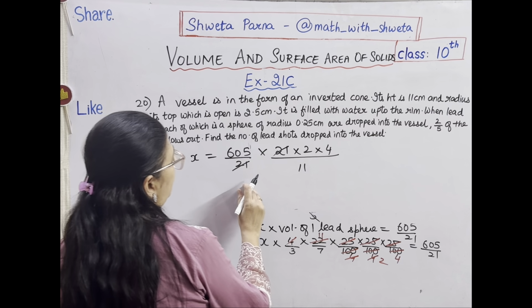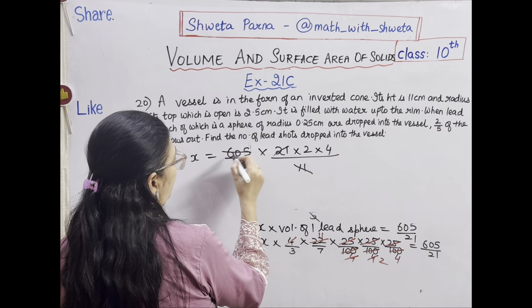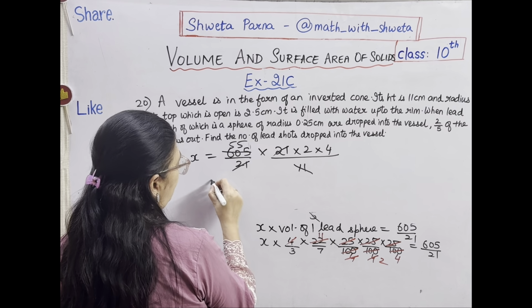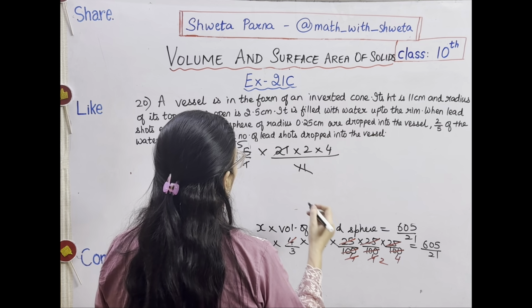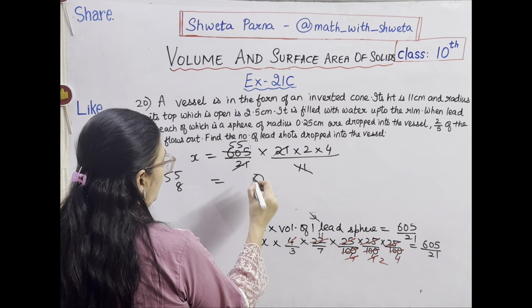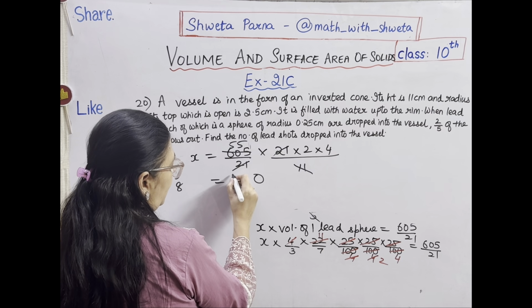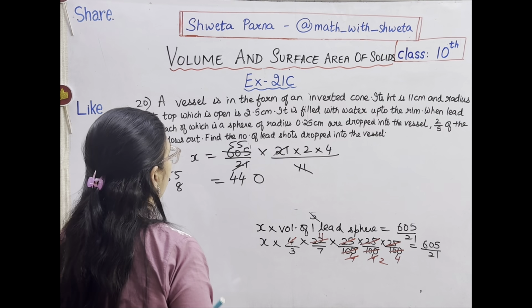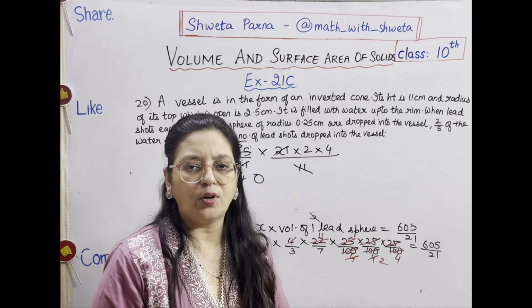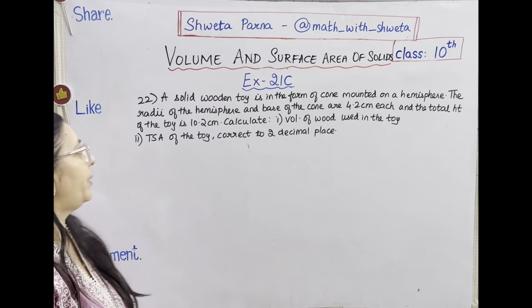Now 11 fives are 55, so 55 into 8. 8 fives are 40, 8 fives are 44. So how many lead shots are there? 440 lead shots.